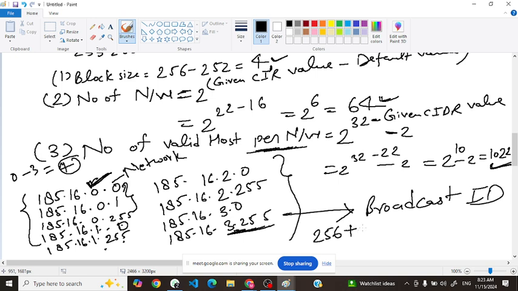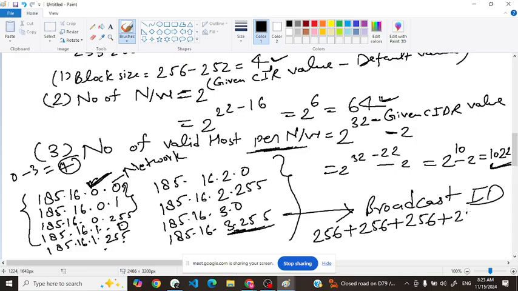Lakshman, give me a reply. 256. 2.0 to 2.255, how many addresses? 256. 3.0 to 3.255, how many addresses will come?